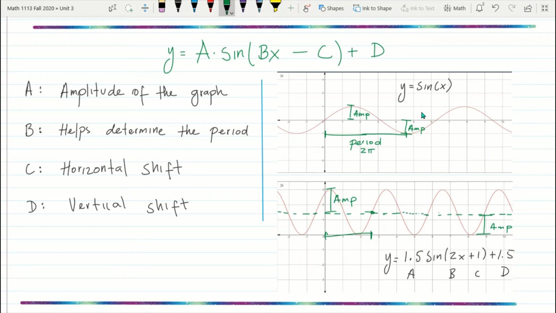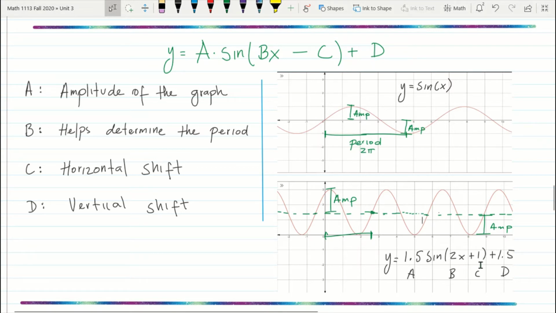Okay. Also, my graph has been shifted upwards 1.5 units. So instead of starting from 0, 0, the graph started at 1.5. And then also, this inside here is shifting it.